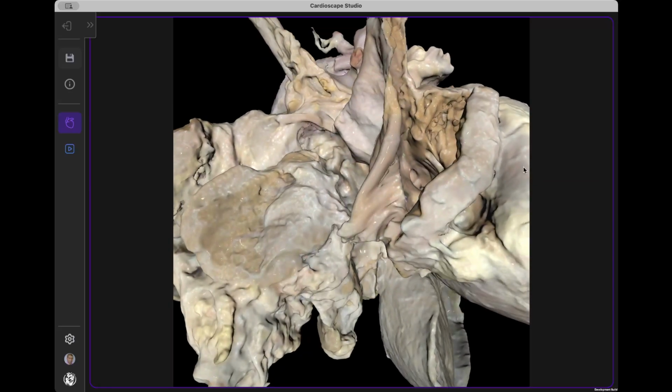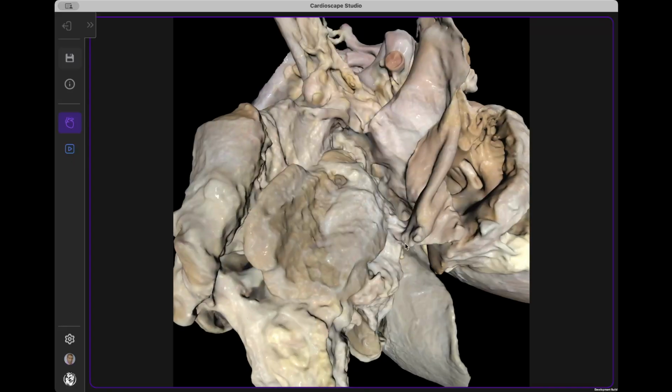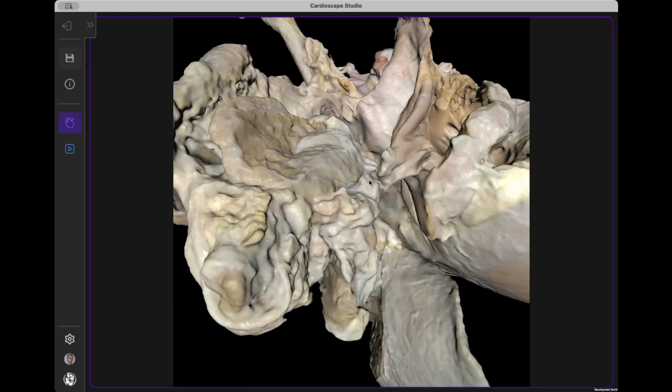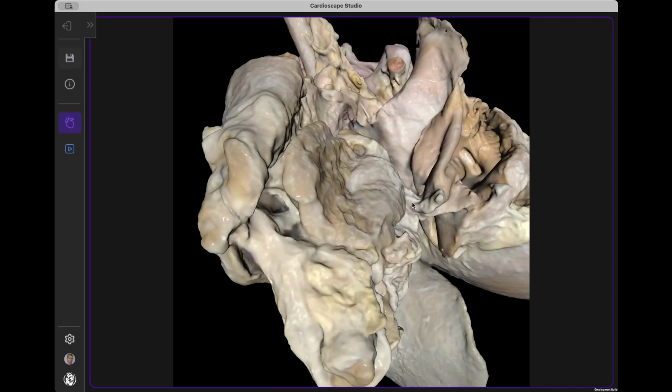But more importantly, when we come back to this inferior caval vein here, we see that there's this structure that connects and drains into the inferior caval vein from the right lung. And this, in fact, is the right lower pulmonary vein that's draining into the inferior caval vein.